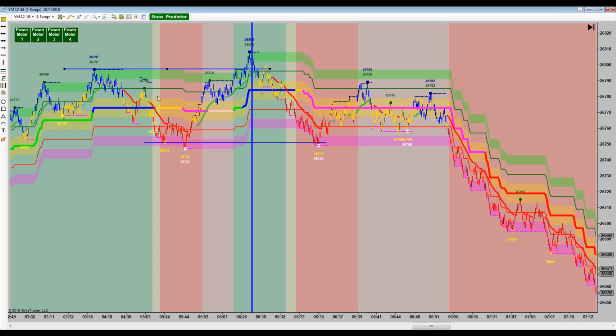What does YM start to do right in here? Is the trading range that it was in getting bigger or smaller? Right over in here, right after the market opens. Yeah, it tightened up a little bit here, didn't it?